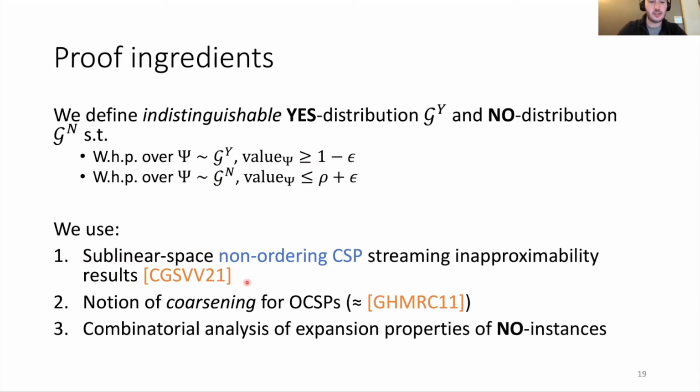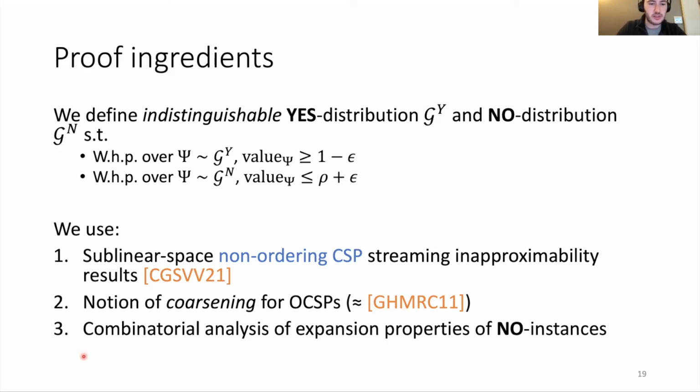Secondly, we use a notion called coarsening, which essentially is a way to convert from an ordering CSP to a non-ordering CSP. And this idea was essentially the same as the coarsening idea which was used in the Guruswami et al. work, which proved unique games hardness in the classical setting. Finally, we conduct a combinatorial analysis of certain small set expansion properties of instances which are drawn from the no distribution.